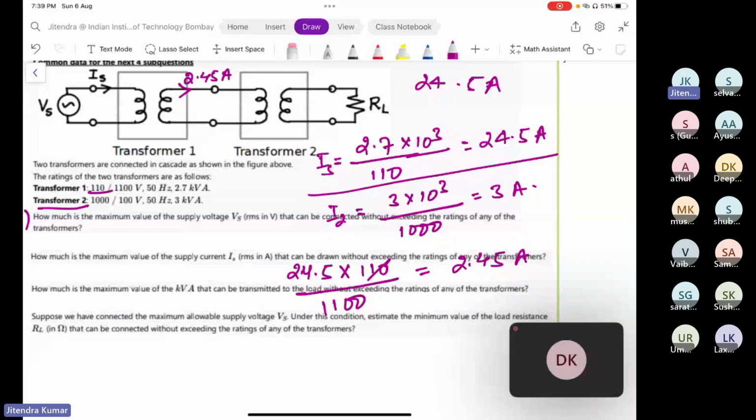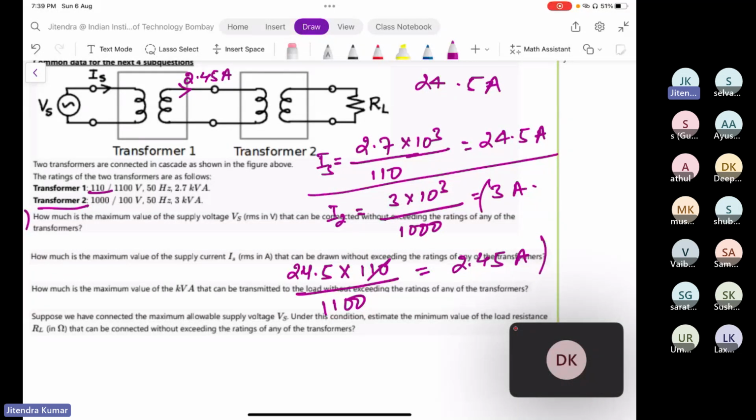So again, we ended up with two different values, and we will have to choose the lower one, right? Yes, sir. So we have two options, either 3 ampere or 2.45 ampere.